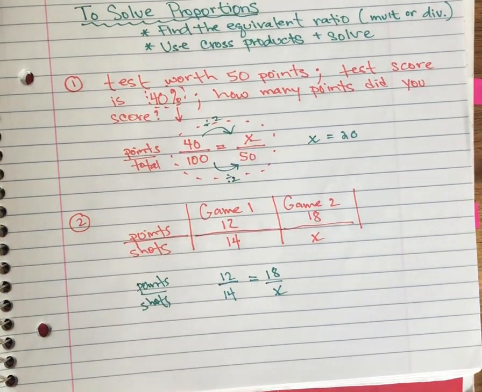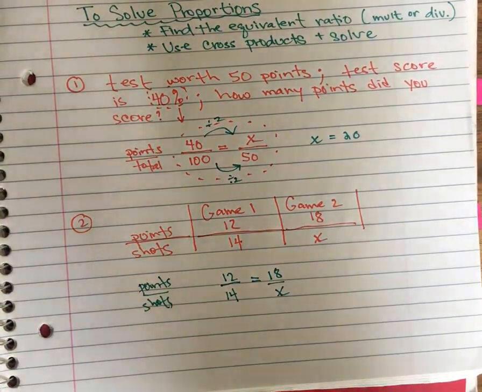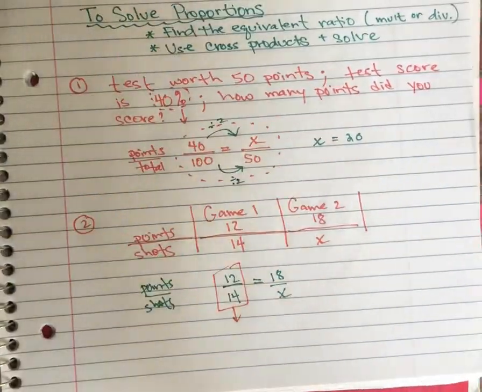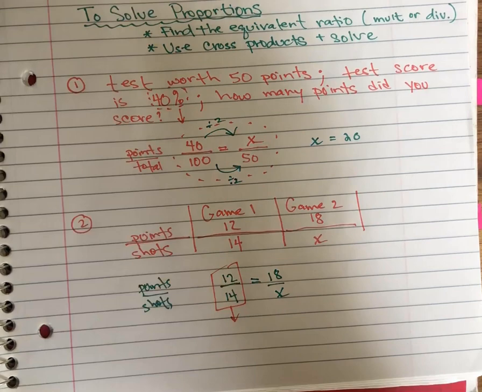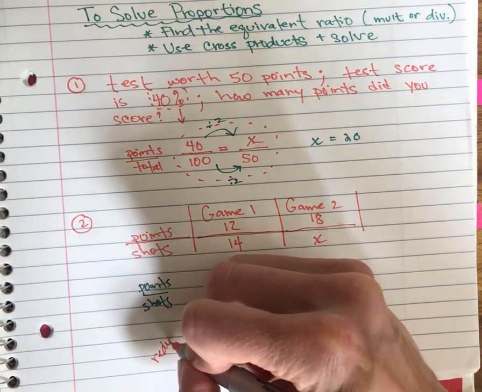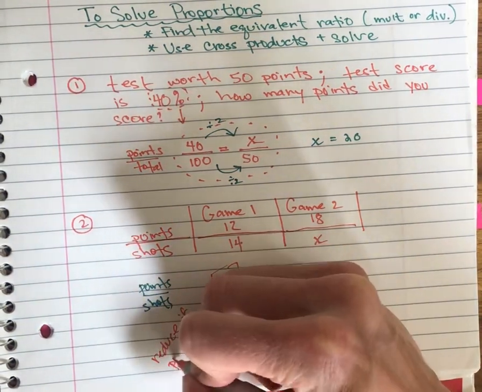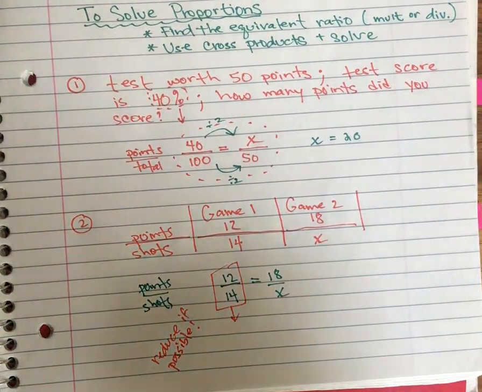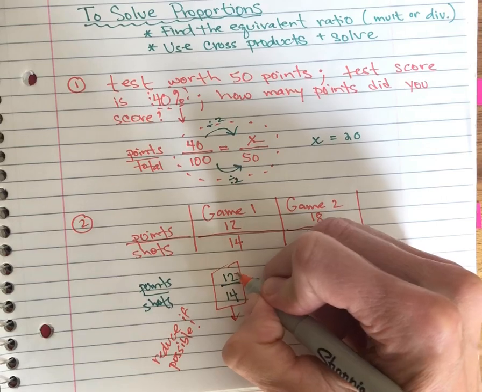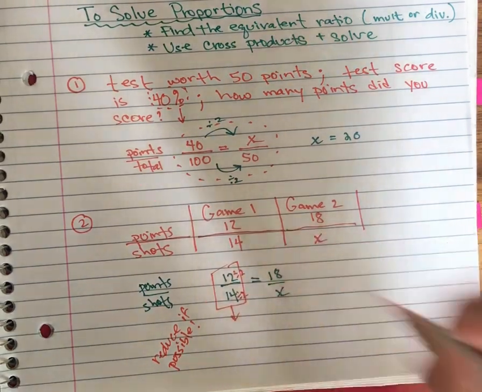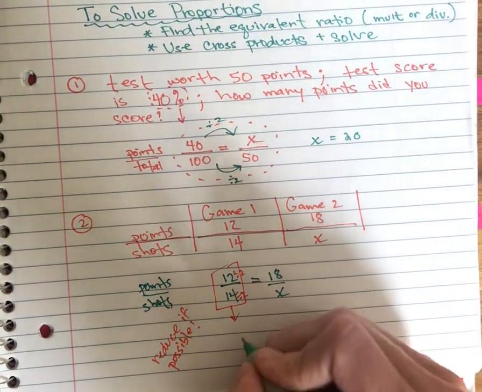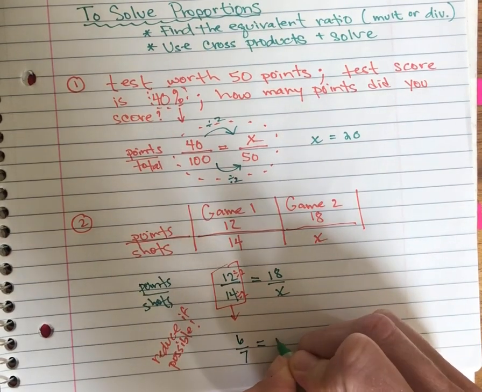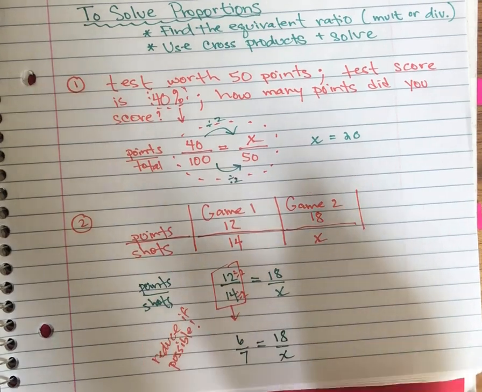x. Okay, so one thing I want to remind you before we work on solving is that ratios are fractions and those can be reduced. So reduce if possible. You're going to find it might be really helpful. So 12 and 14 can both be divided by 2 and we get the ratio 6 to 7, and that's still equivalent to 18 over x.